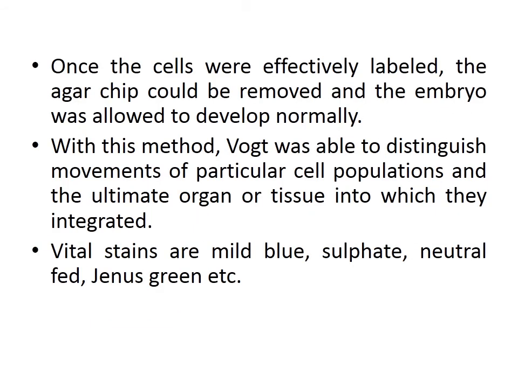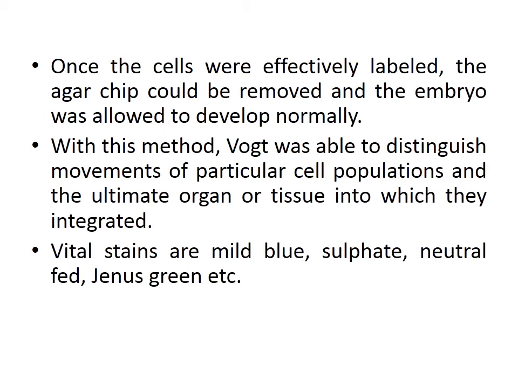Once the cells were effectively labeled, the agar chip could be removed and the embryo was allowed to develop normally. With this method, Vogt was able to distinguish movements of particular cell populations and the ultimate organ or tissue into which they integrated. So, he could easily say which cells formed what.